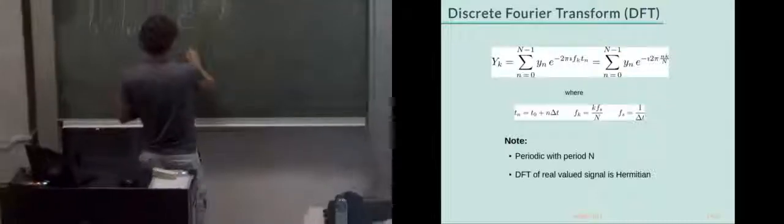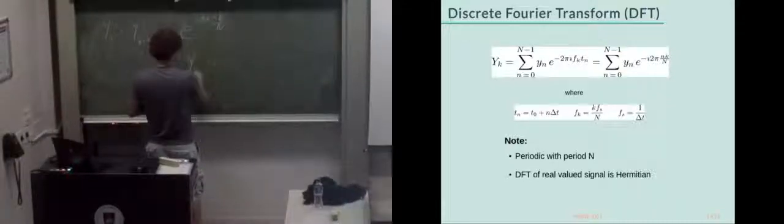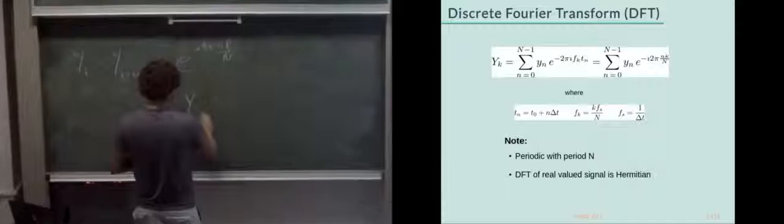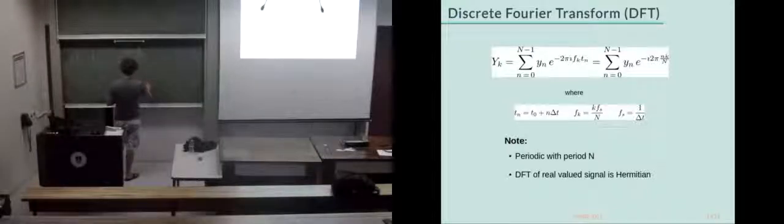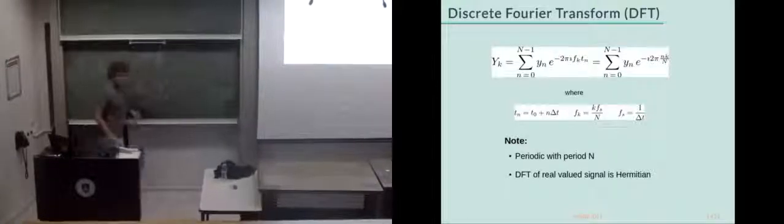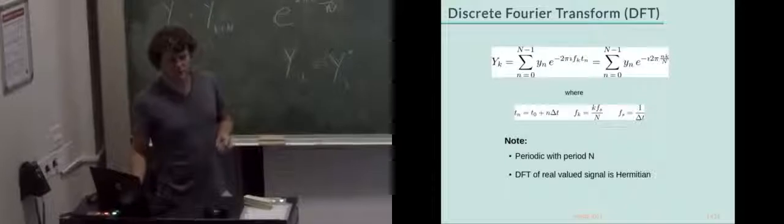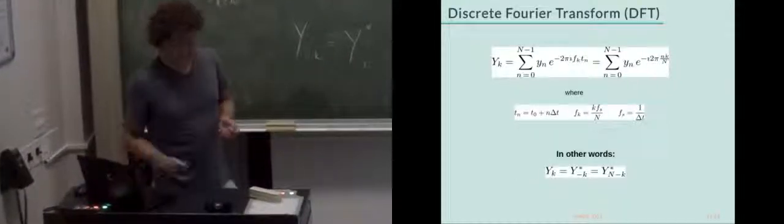And so what you end up seeing is that y of minus k is the same as the conjugate of y_k. That's your Hermitian property coming out.